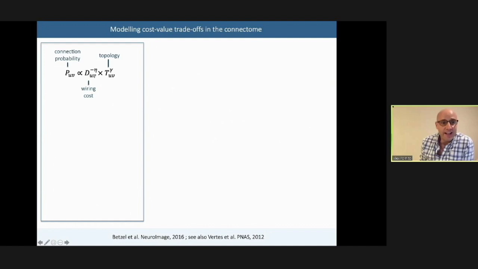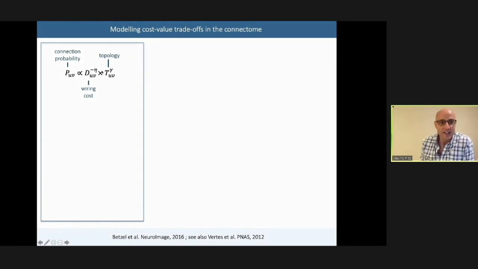Now we see that there's a negative exponent on D here, meaning that we're less likely to form long-range connections, so consistent with the idea that longer connections are more costly. And there's a positive exponent on T, indicating that we're more likely to form connections that are topologically favorable, that provide us some kind of functional advantage.